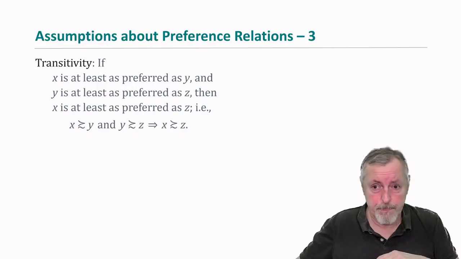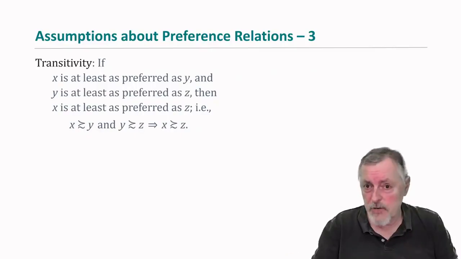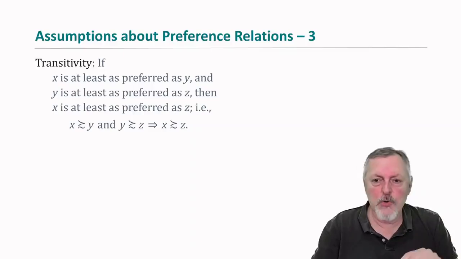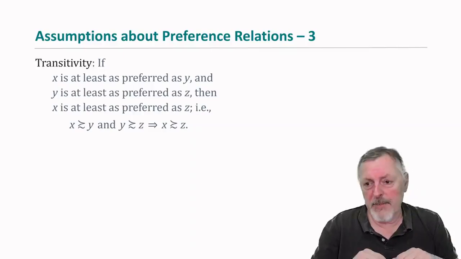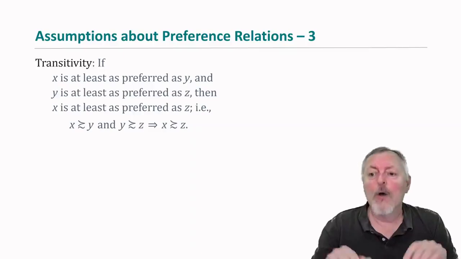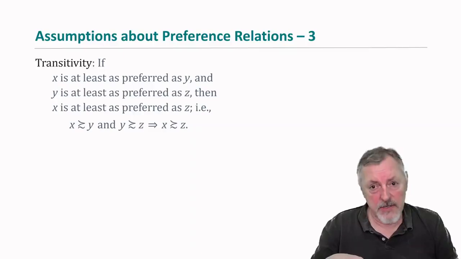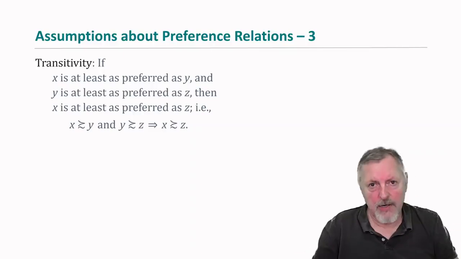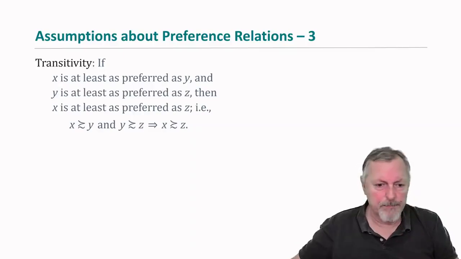Transitivity. Preference relations are transitive. That means if a consumer who prefers basket A to basket B prefers basket B to basket C, then they also prefer A to C. This is equivalent to saying that that type of illogical behavior is ruled out.